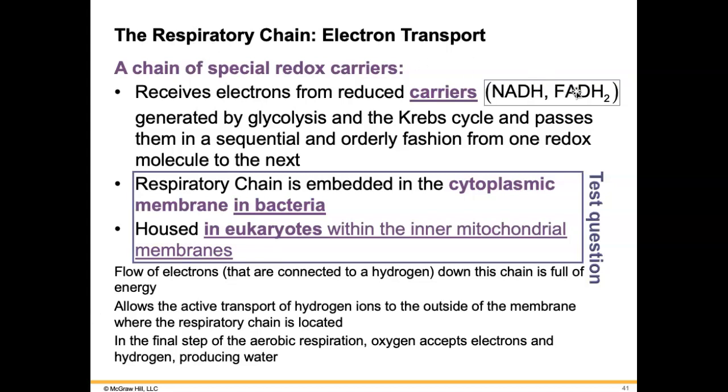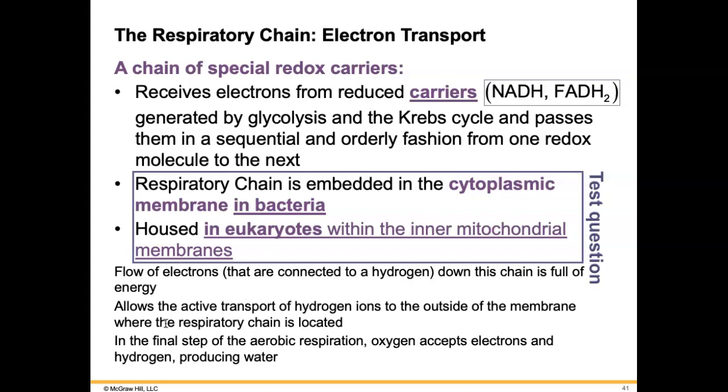So when the NADH and FADH2 make their way to the ETC, I think of it as, they pass along the electrons and a hydrogen comes with it, and that flow of electrons that are connected to a hydrogen down this chain creates some energy. The chain itself is full of energy.